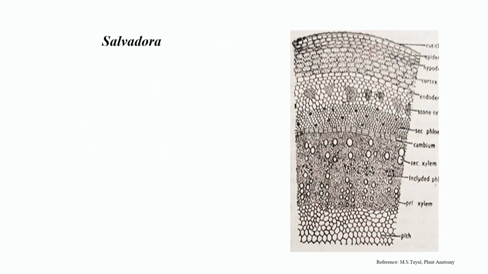Okay. Then in Salvadora stem also you will find included phloem. So in this case also again we can have the outline diagram. Again you can have epidermis, then hypodermis and cortex and all that.